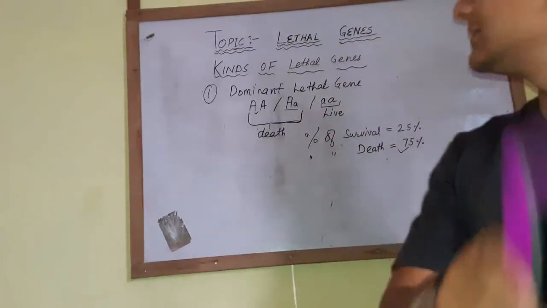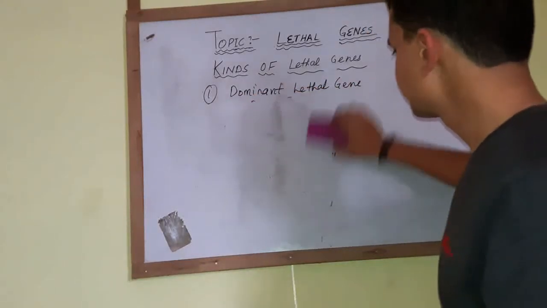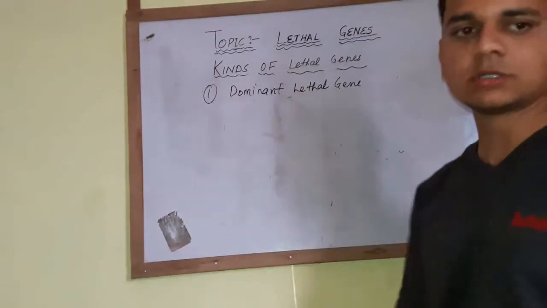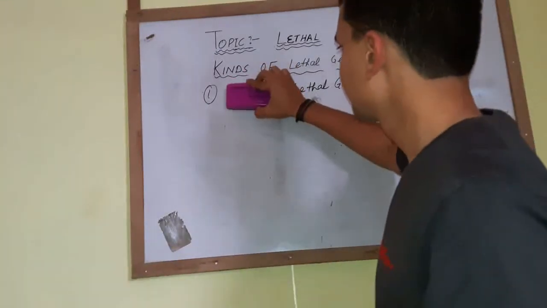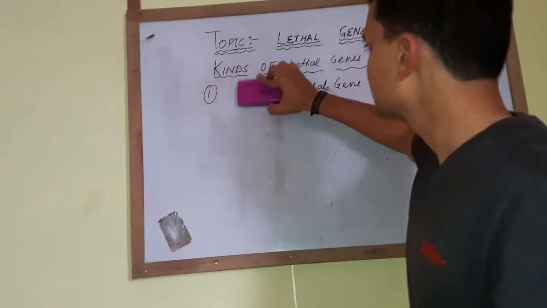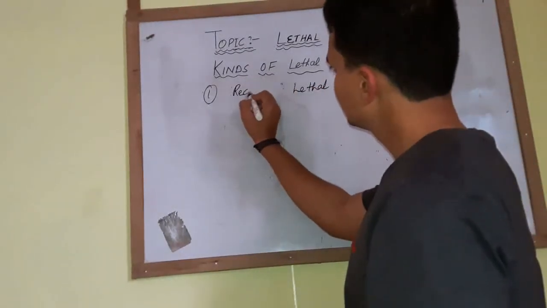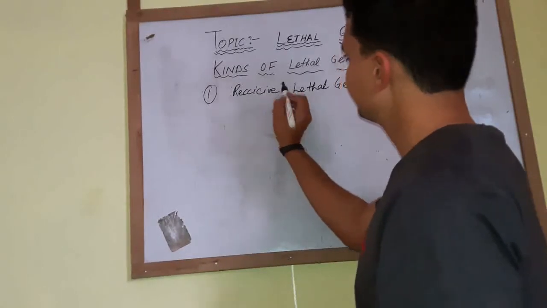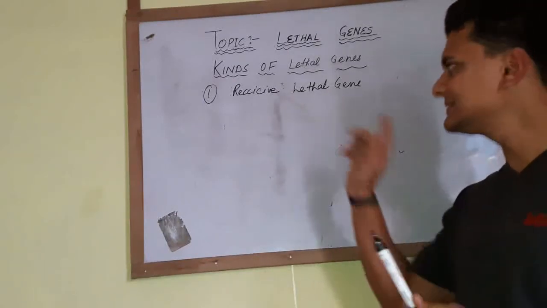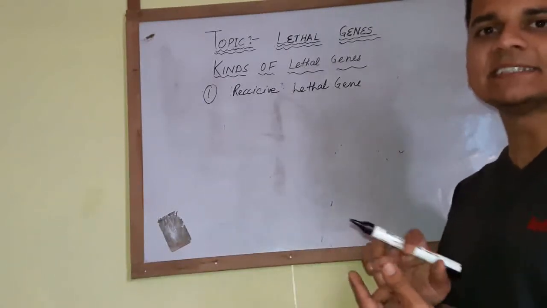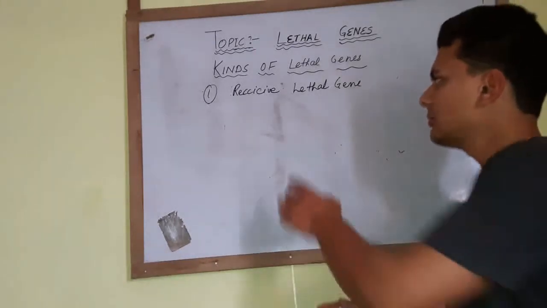Now let's talk about recessive. What are the recessive lethal genes? In this type of case, all the recessive offspring are going to die. Let's talk about its genotypes.